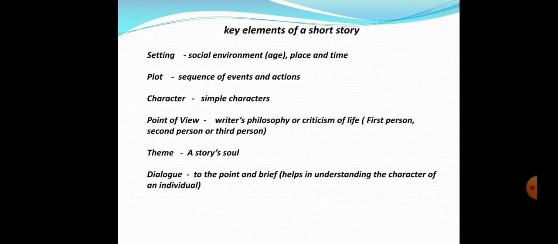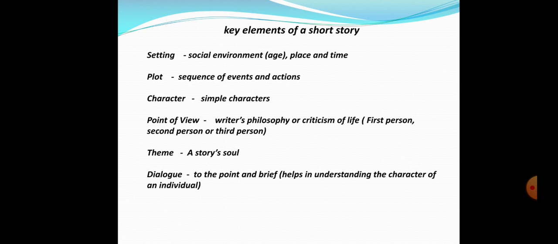But the most essential and important elements of the short story are setting, plot, character, point of view, theme, and dialogue.